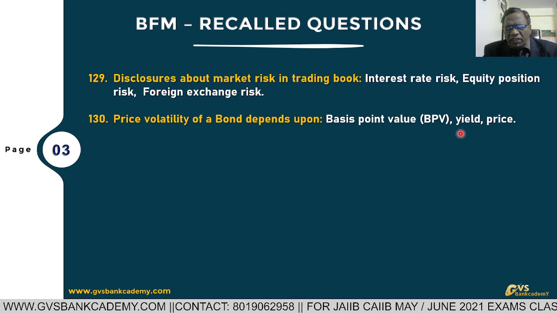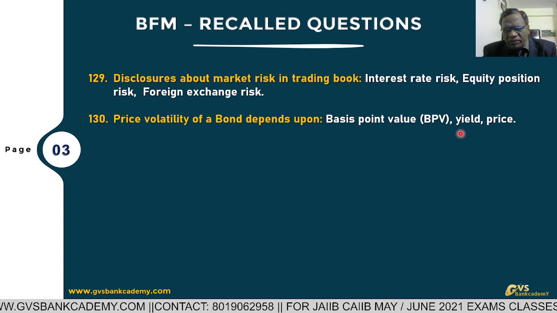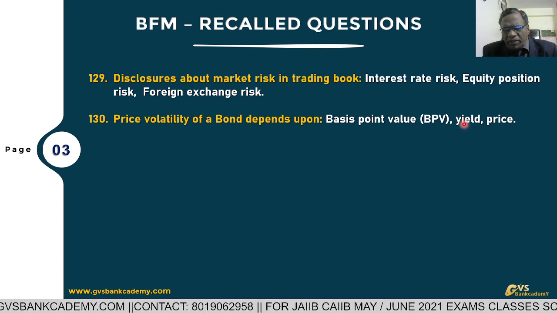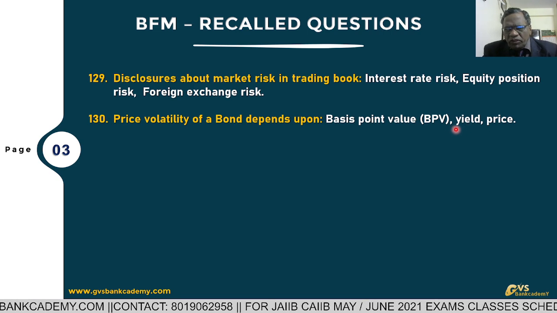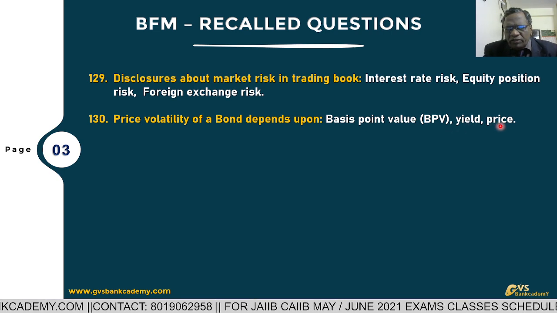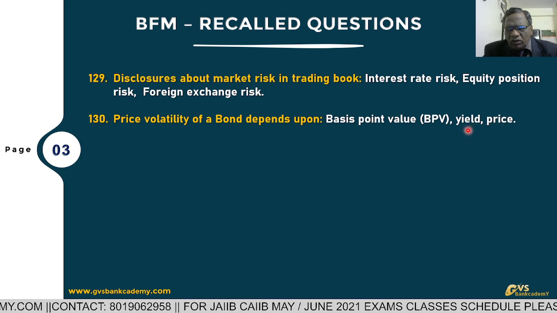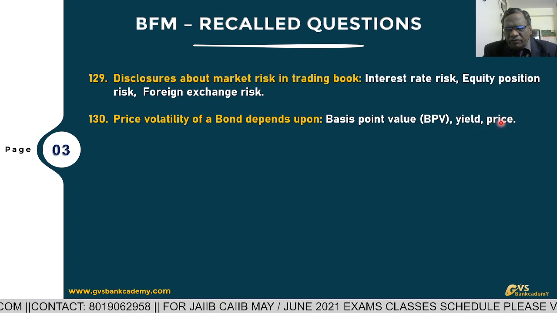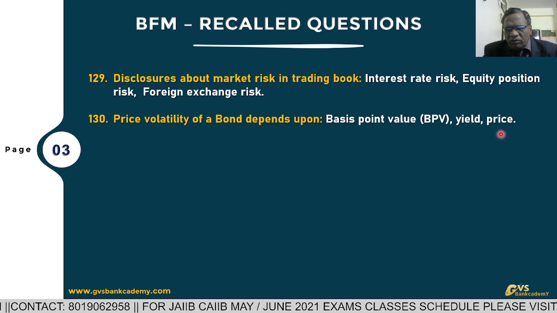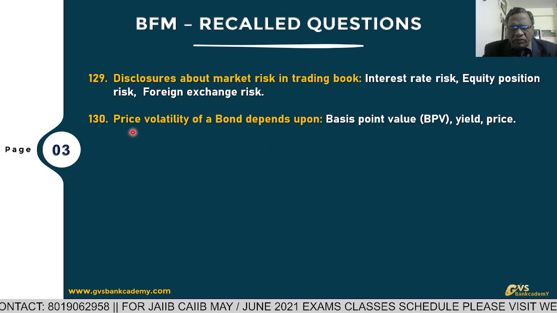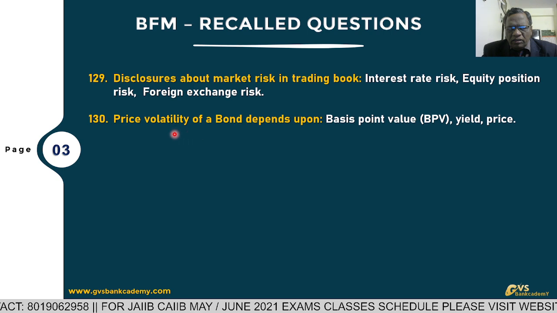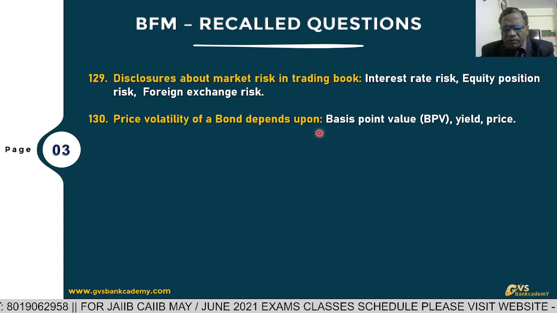If yield is increasing, price will come down. If yield is coming down, price will go up. So yield and price are inversely related. That's why you have to note: yield increases, price will decline; yield comes down, price will shoot up. So that's how the price volatility or price changes of a bond depend.